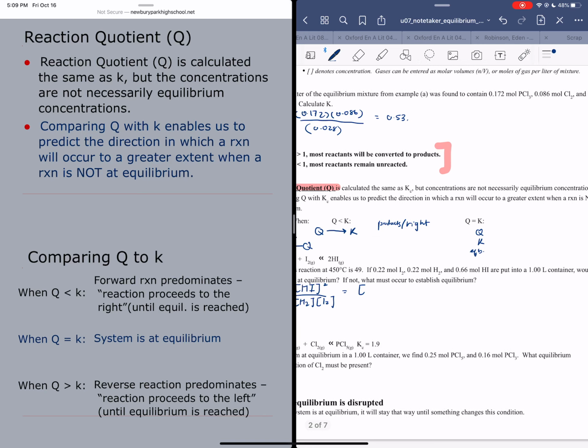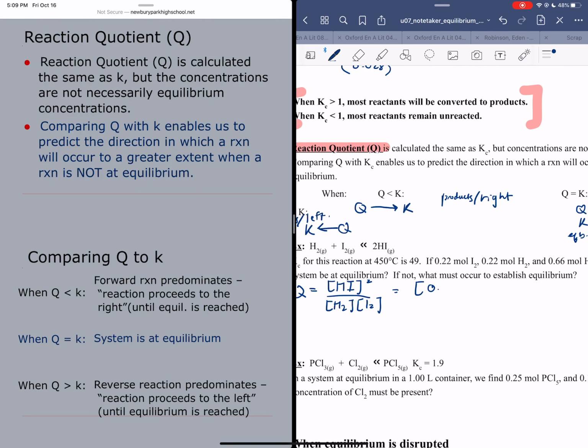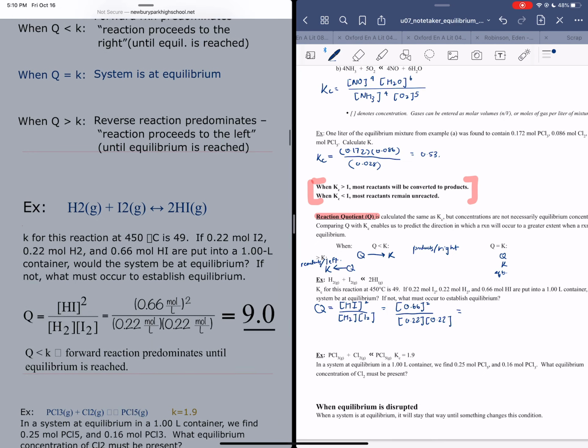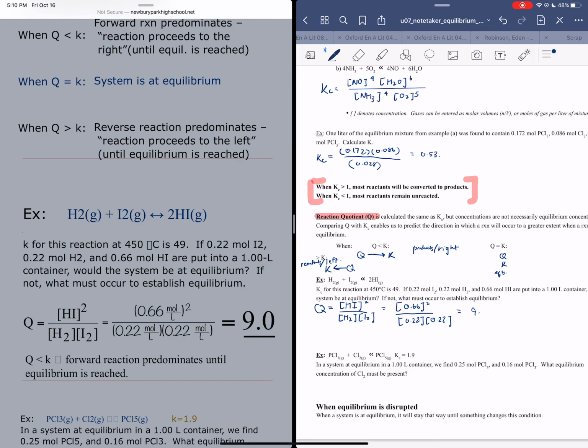It says 0.66. However, because the stoichiometric coefficient is 2, we must raise it to the second power. H2 is 0.22. I2 is also 0.22. And I don't want to do the math, so I'm going to scroll down here, and we get 9.0.